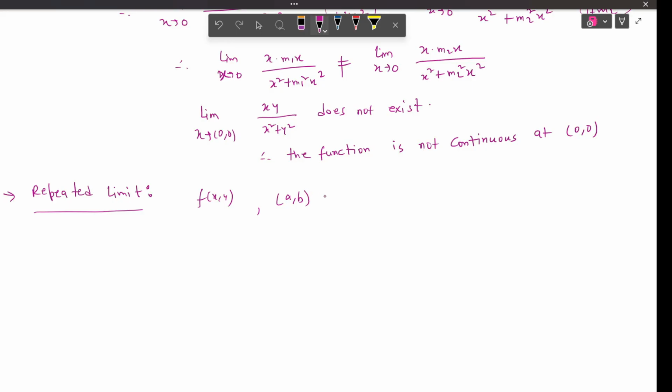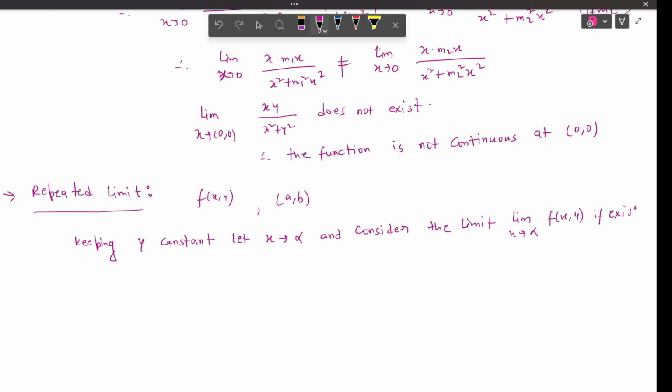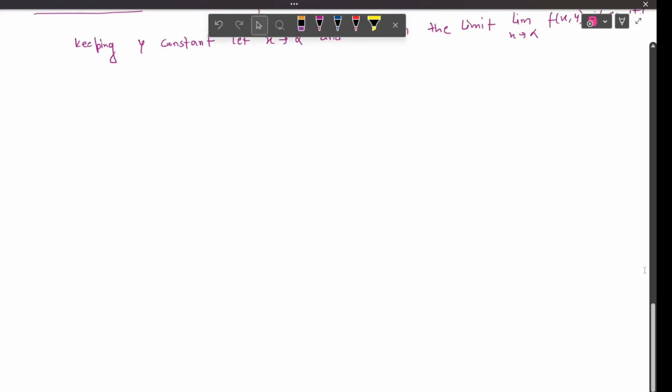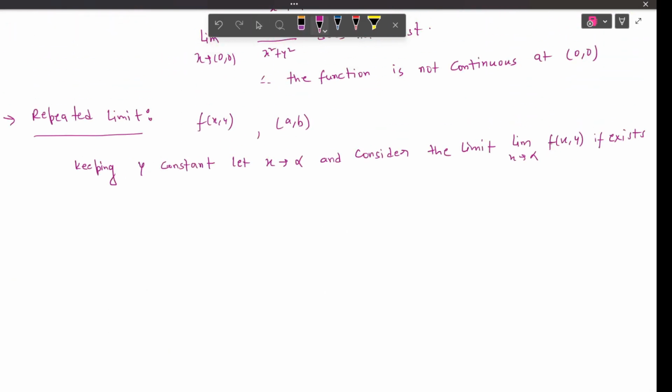Keeping y constant, let x tend to alpha, and consider the limit x tends to alpha f of x comma y, if it exists.